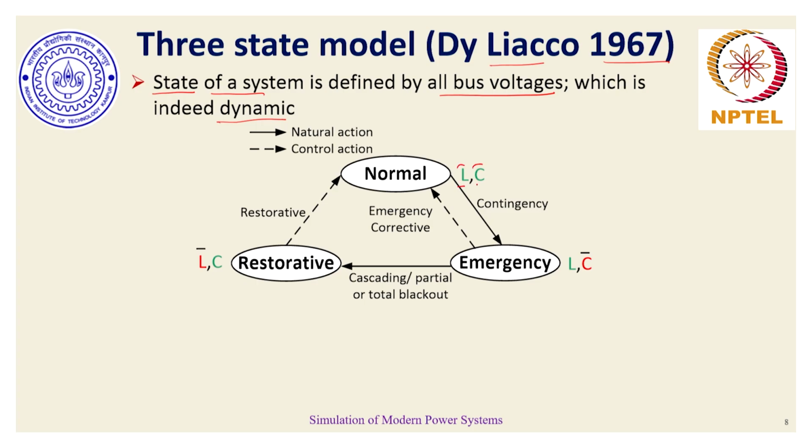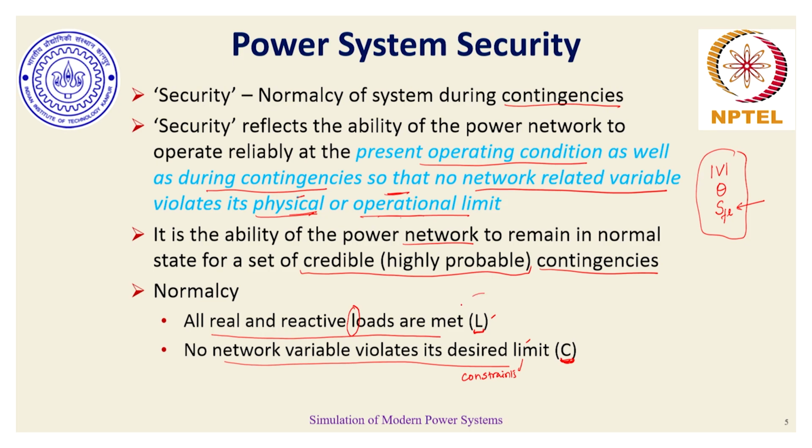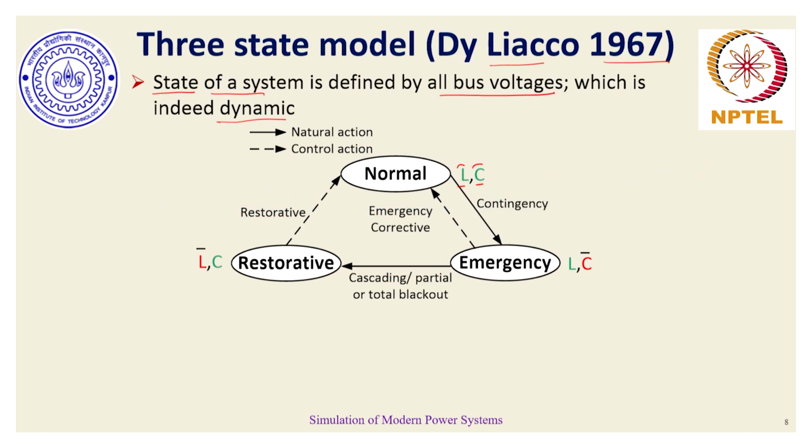The L and C that I have written here are the same L and C which were present on slide number 5. By L and C being green, it should be understood that all loads are being met and all network constraints are being met, and that is where the normal operation comes in.